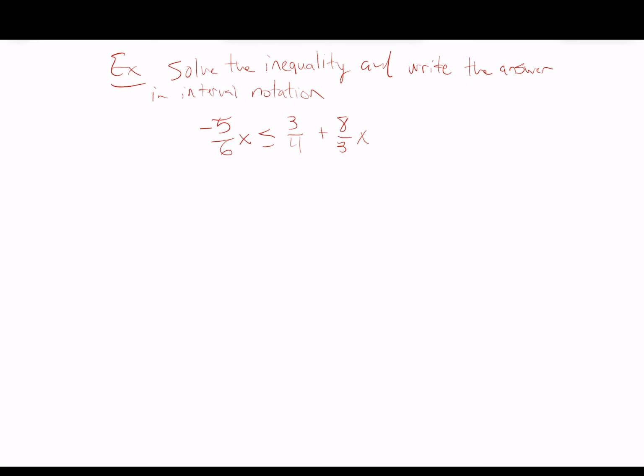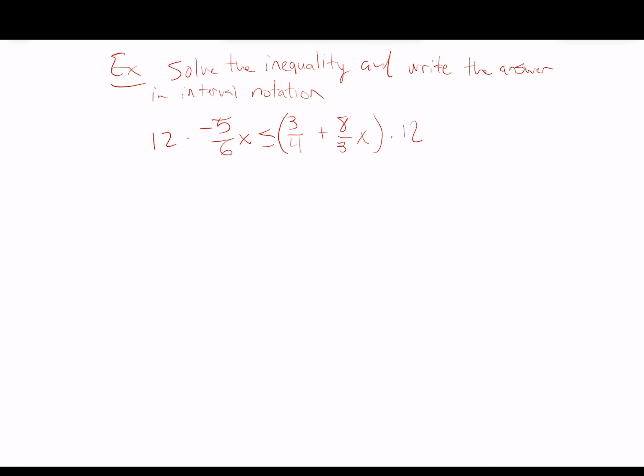So I think the first thing that I would like to do is to multiply by the least common denominator and clear those denominators out. So our denominators are 6, 4, and 3. We can multiply both sides by 12.